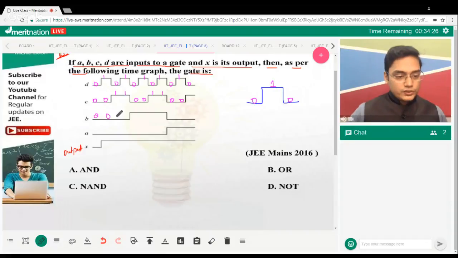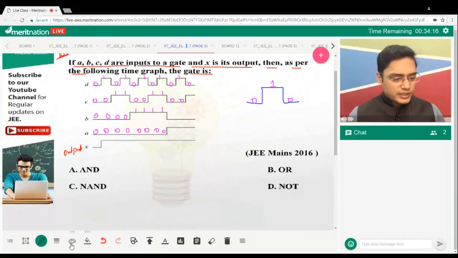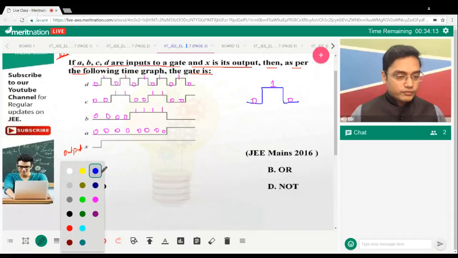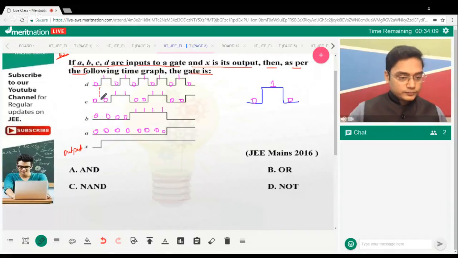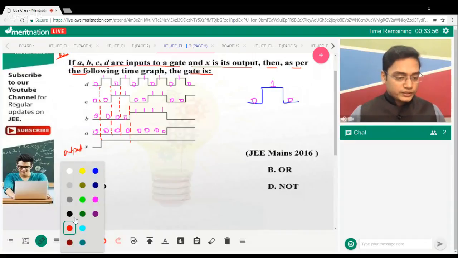This is 0, 0, 0, 0, 1, 1, 1, 1 and so on. Why have I written it multiple times? Because we are taking a single bit. So I'm showing you that by dotted line here: this one, then this one, then this one, and then this one.